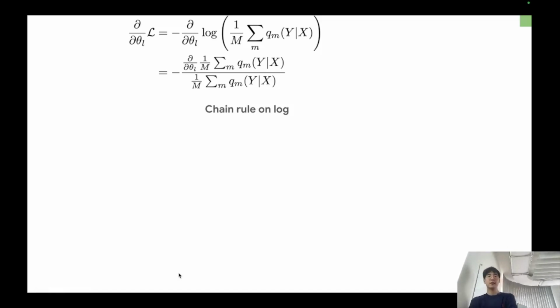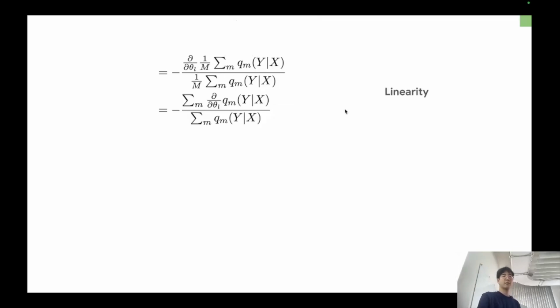So let's say we're starting with the gradient of the loss on some parameter L, and then we plug in the log likelihood inside, and we can do the chain rule on the log. So on the denominator, you're going to have the same value as what's inside the log. Then you have the derivative of what's inside the log on the numerator. And by linearity, you can swap this gradient with the summation.